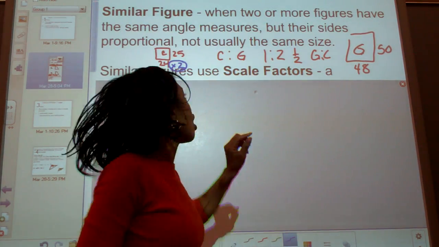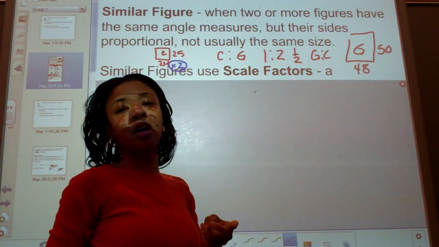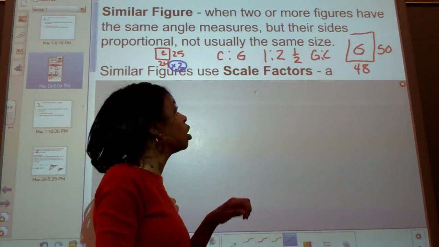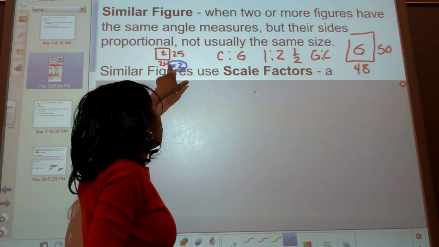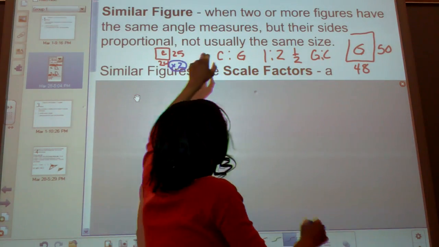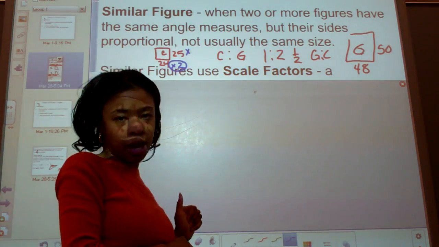And if the classroom and the gym are truly similar figures, every side must be 2 times larger. I did the length, 2 times 24 is 48. If I do the width as well, it better also be 2 times larger.